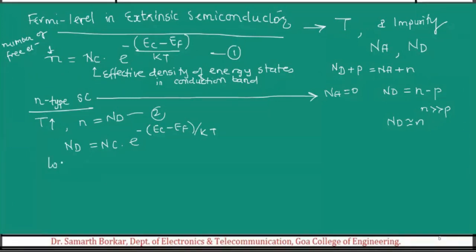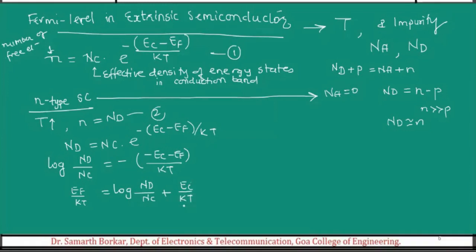Now log of Nd by Nc equals minus (Ec minus Ef) by kT. So Ef by kT equals log of Nd by Nc plus Ec by kT.